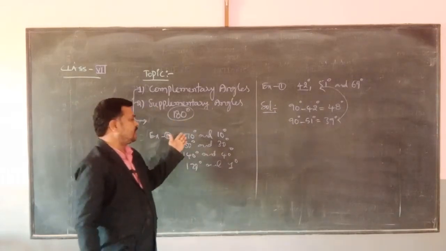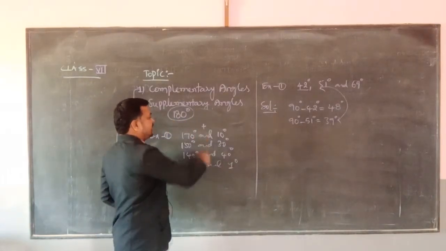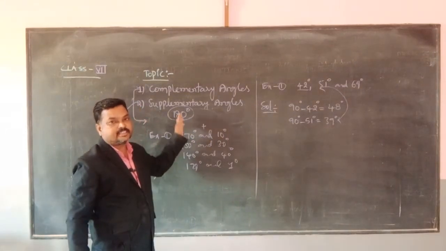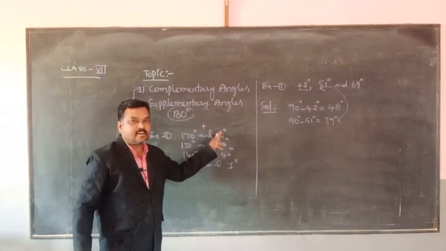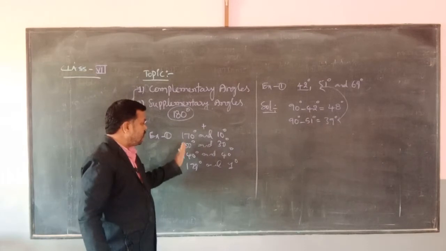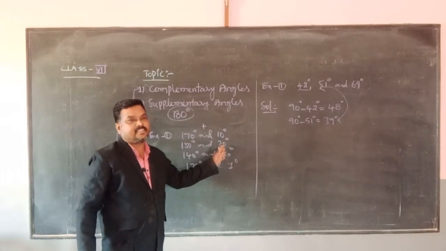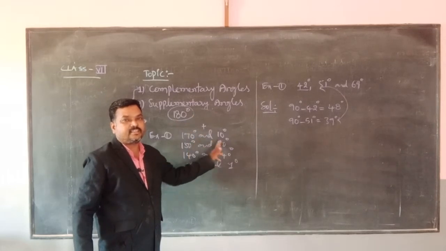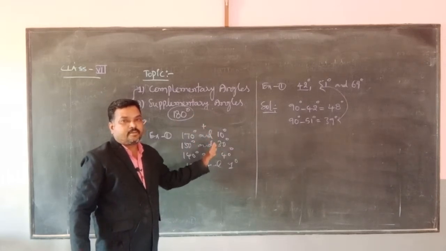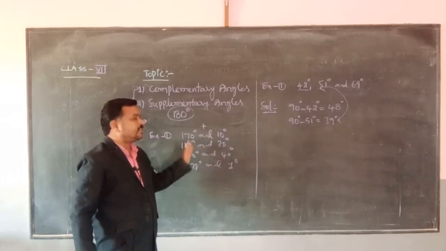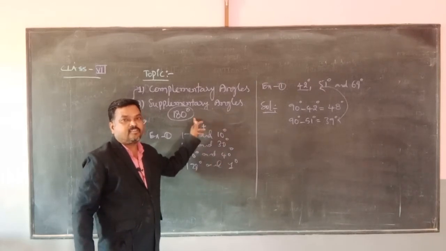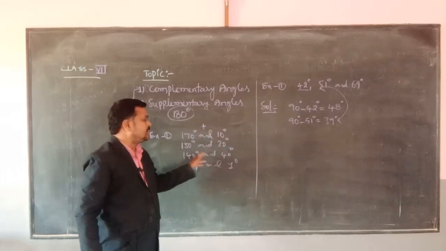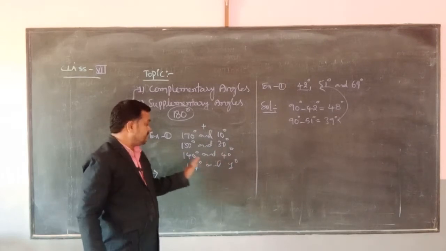Check this: 170 plus 10 is equal to 180 degrees. 170 and 10 degrees are supplementary angles. 150 and 30 degrees, this sum is also equal to 180 degrees, so 150 and 30 are also supplementary angles. 140 plus 40 degrees is equal to 180 degrees. So these are also supplementary angles.